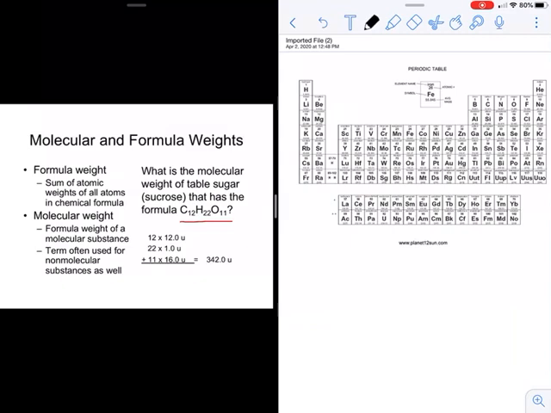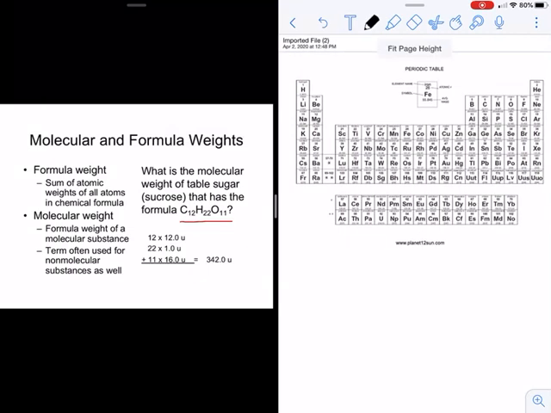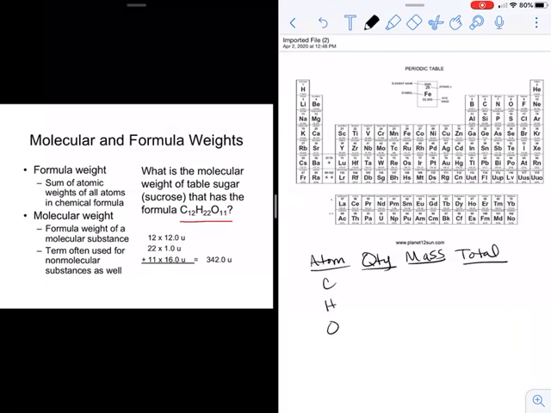So what you do in order to find formula weight is pretty simple. What I would suggest is making a table. It doesn't really matter what order you make the table, but I do it this way. The atoms we're dealing with here are carbon, hydrogen, oxygen. How many carbons do we have? We have 12.